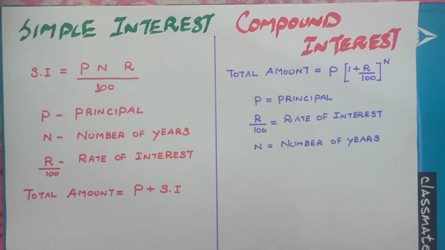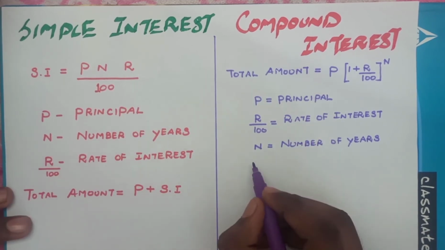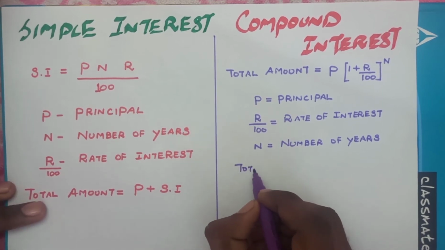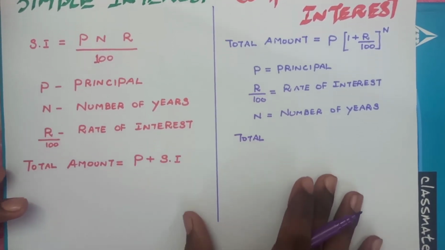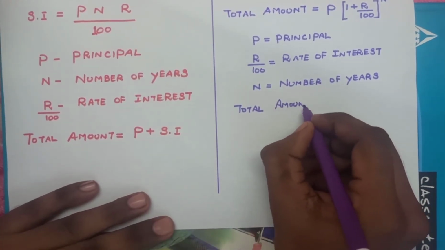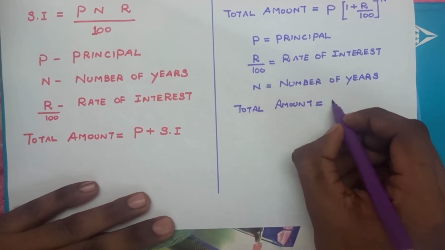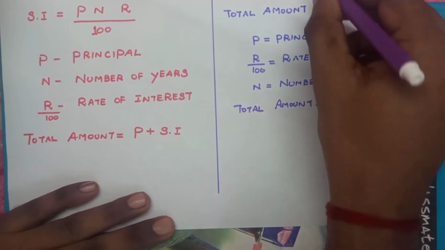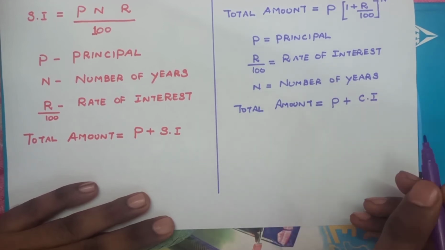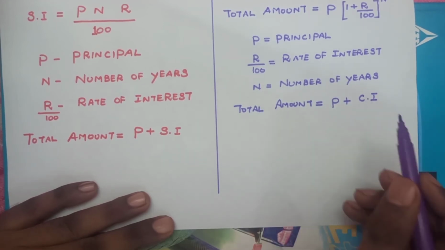And how will you find the compound interest here? So, we have known another formula for total amount. What is total amount? Your principal plus compound interest. Right? Now we can easily find out this compound interest.